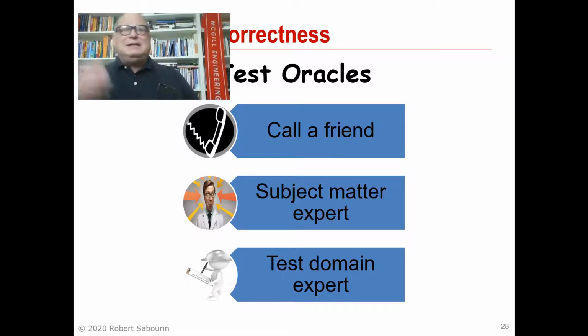Let's say you're testing a REST API, and you want to make sure that you know the proper syntax. Well, you might say, while I'm testing, if I run into a syntax question on REST APIs, I can call Fred.